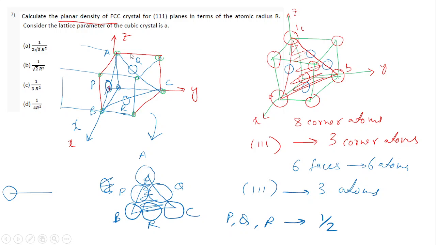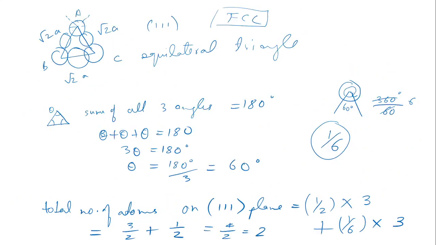I hope this got clear, because we just tried to understand till here how many atoms are there. Now we need to calculate. For linear density, we used to calculate the length of that distance vector. Here it's planar density, so we need to find out the area of that plane 111.